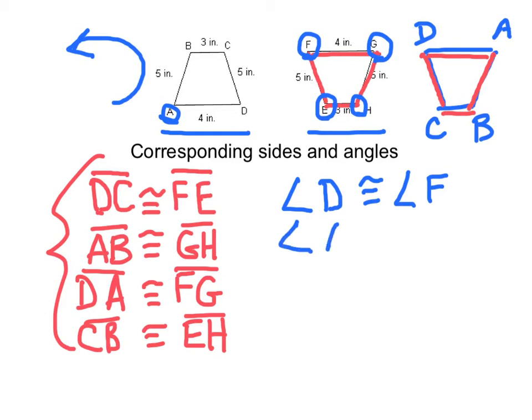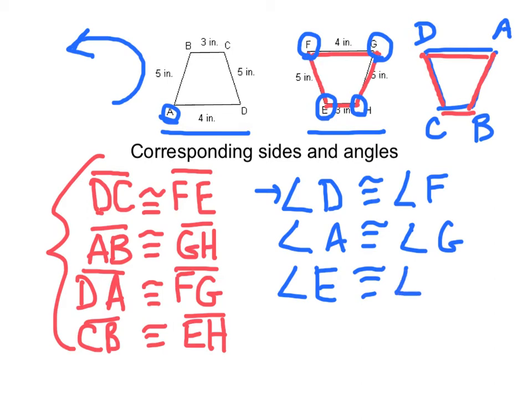Angle A corresponds to angle G. And that little upside down 7, that's the symbol for an angle. So this little symbol right here means that we're talking about an angle. And so we have angle E, that would correspond to angle C. And finally we have angle H that corresponds to angle B.